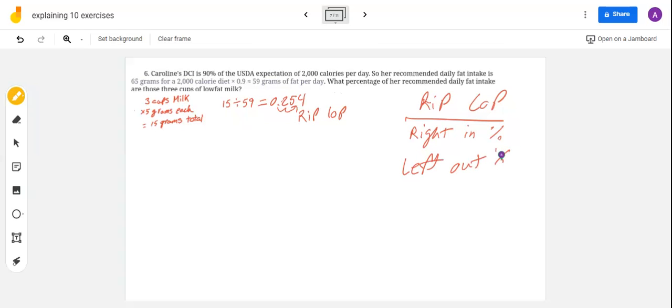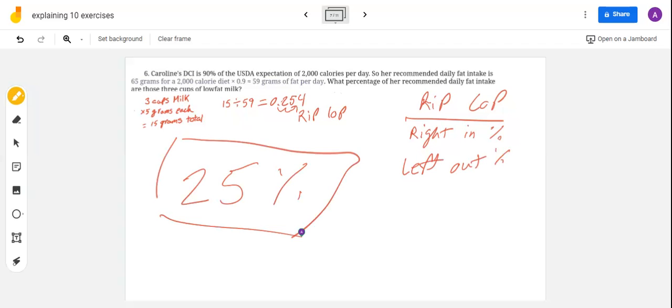That's essentially what it means. So you go right to turn a decimal into a percentage. You go left to turn a percentage into a decimal. Okay? So you would end up with 25%. There you go. That is going to be your answer for number 6.